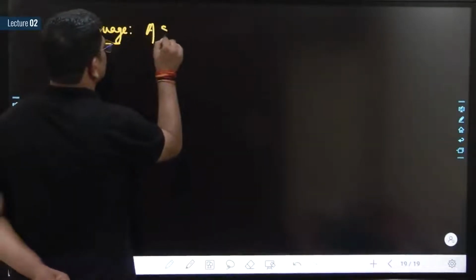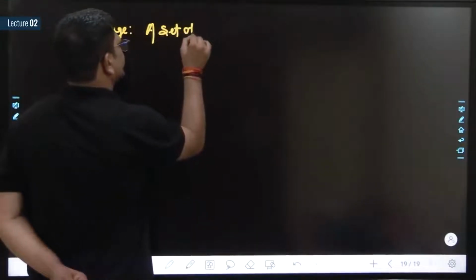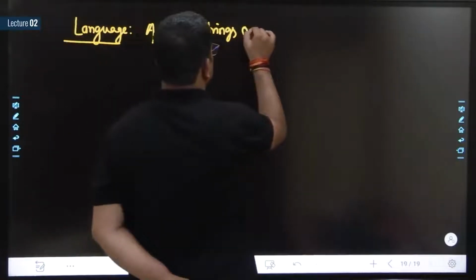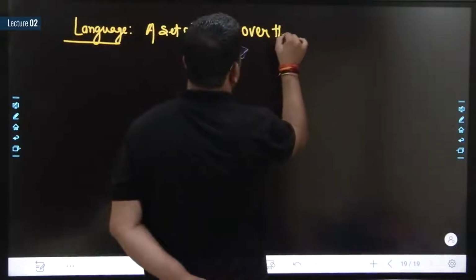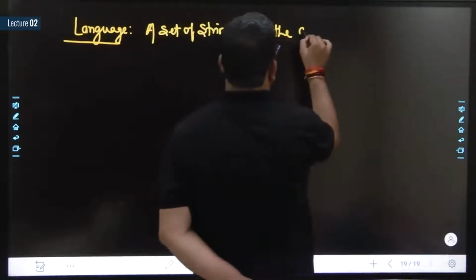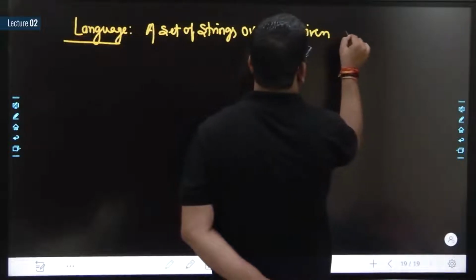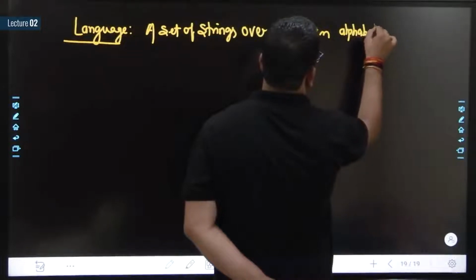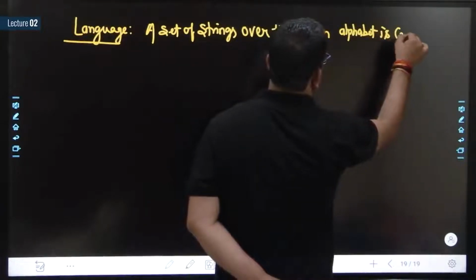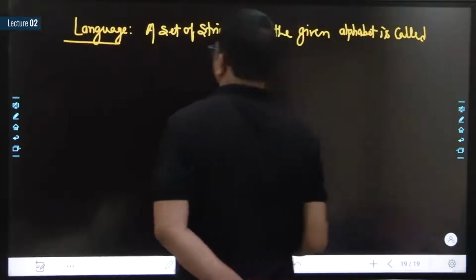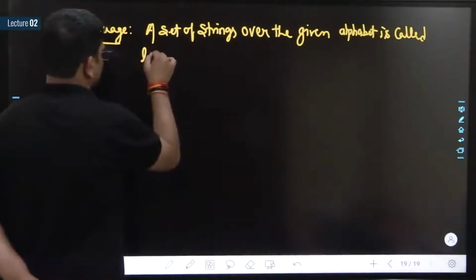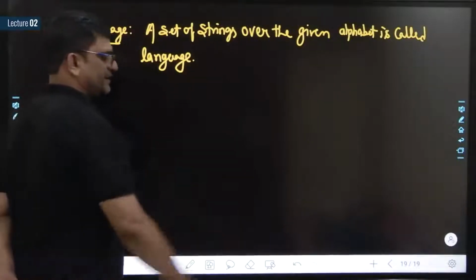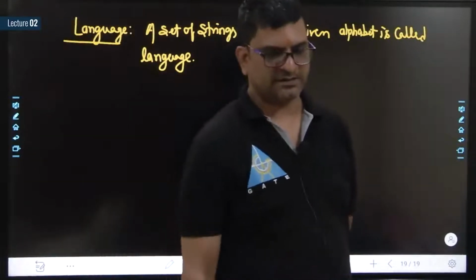A set of strings over the given alphabet is called language.